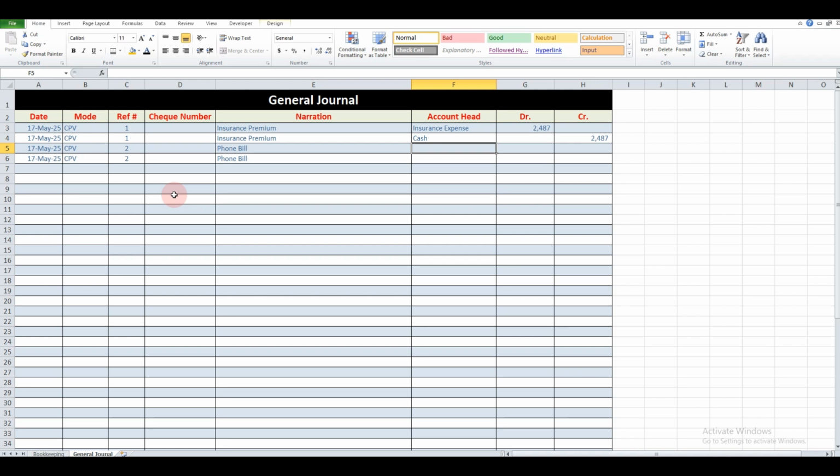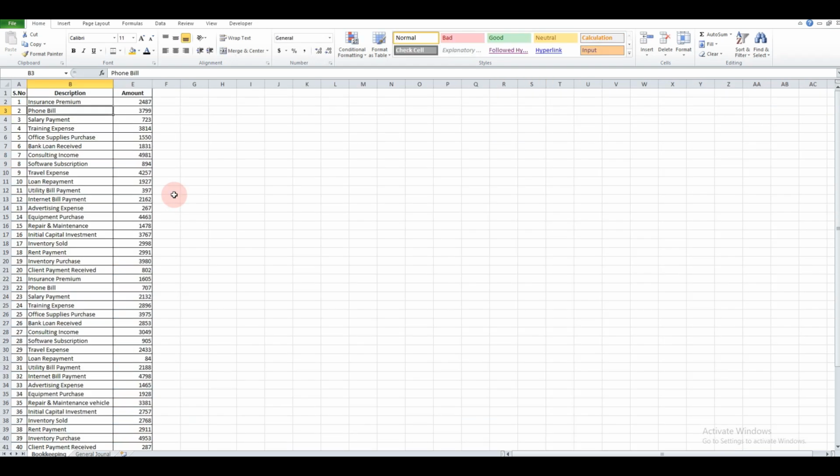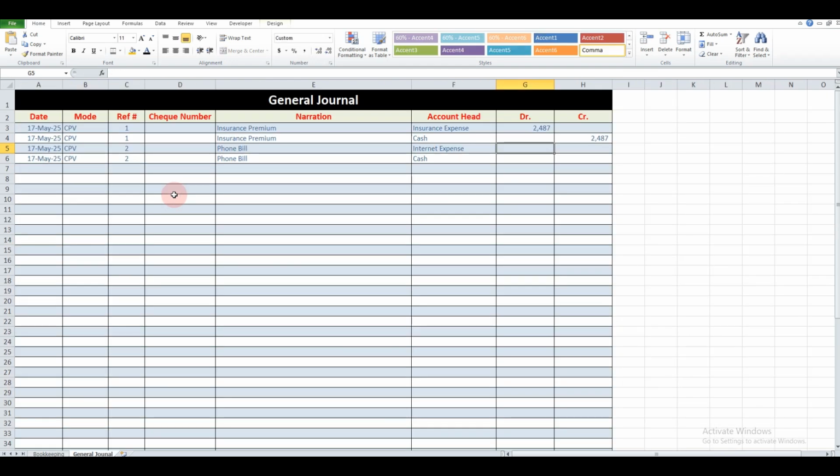Items like phone bill, internet fee, and other things we merged within one expense, like internet expense. We paid cash against this expense, 37.99.